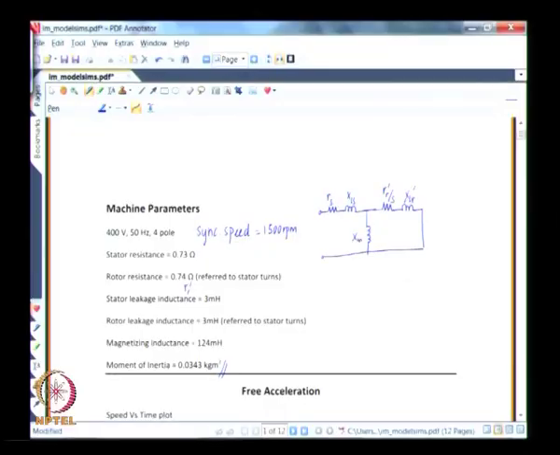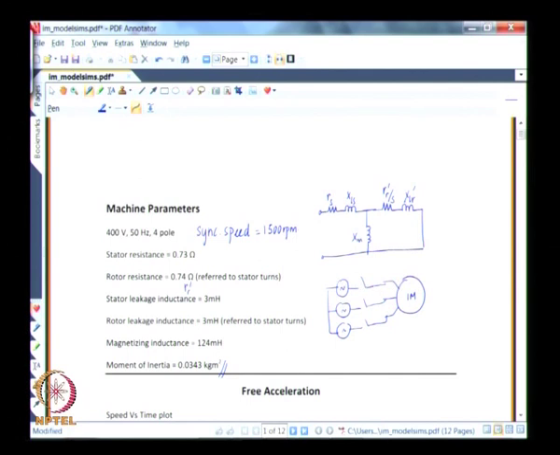So, the experiment that we are now trying to do is you take an induction machine and you have three terminals of the induction machine. The rotor is of course shorted, and you have a 3-phase source, star connected, sinusoidal in nature, and then you have a switch in which you connect the machine like this.